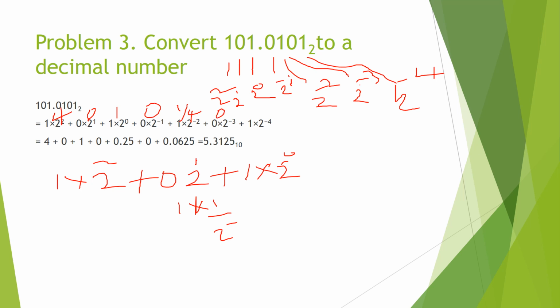Then plus the other one, this one is the same as 1 times 1 out of 2 raised to power 4, which is the same as 1 out of 16. And when we convert them to the equivalent decimals, you get the answer as 5.325.